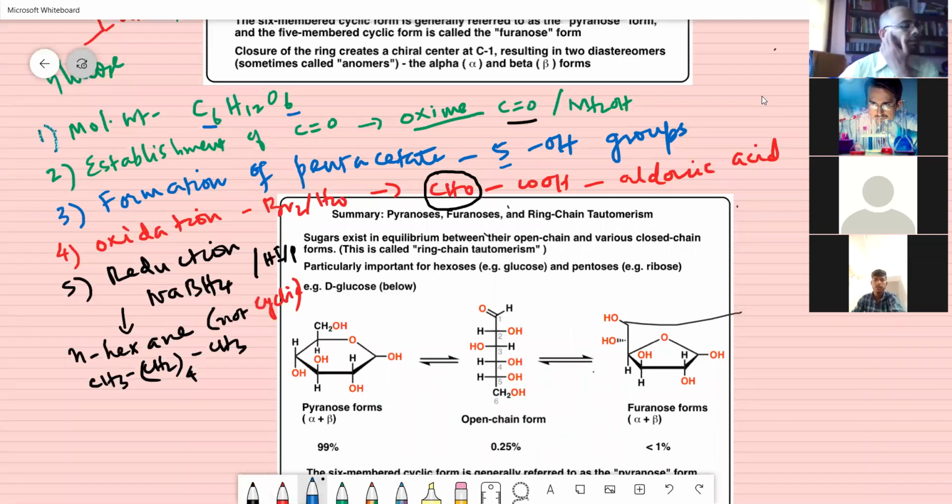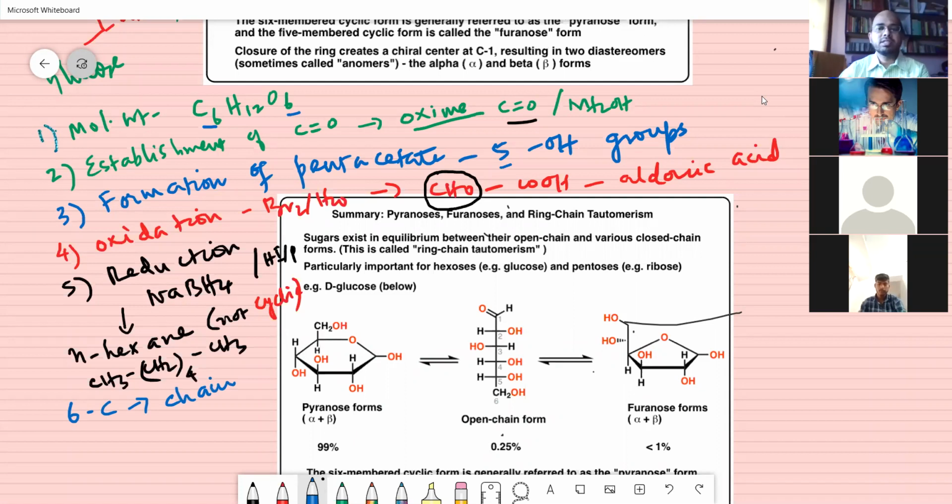So that is the fifth reaction, and that is so far enough for you to suggest the structure of glucose. n-Hexane suggests that there are 6 carbon atoms and also an open chain structure.